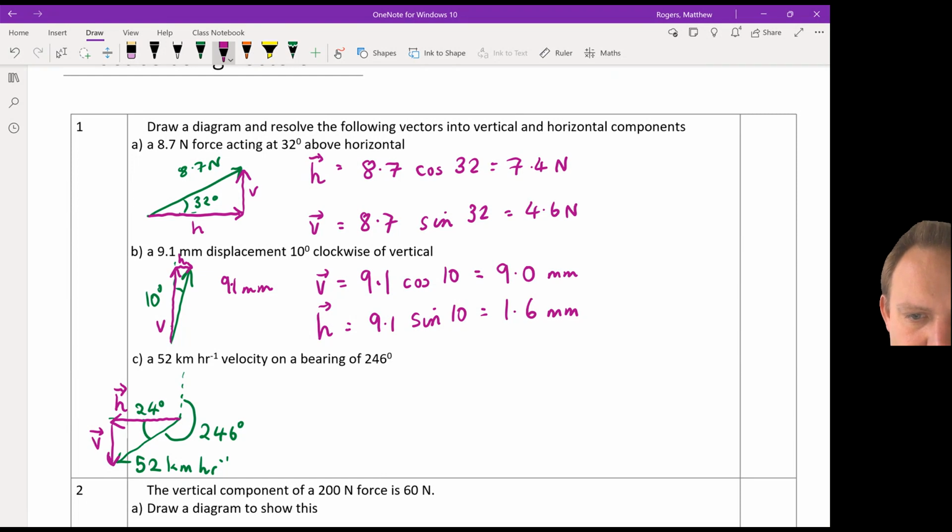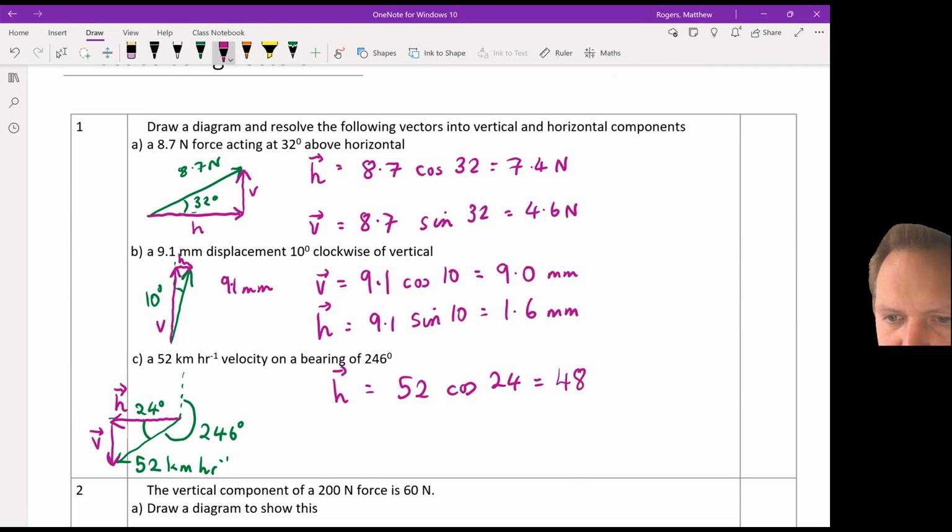So for the horizontal vector, we're on the adjacent side to the angle that we're going to use, which is this 24 degrees. So we're going to do 52 times the cos of 24, which is 47.5. We're still to two significant figures, aren't we?